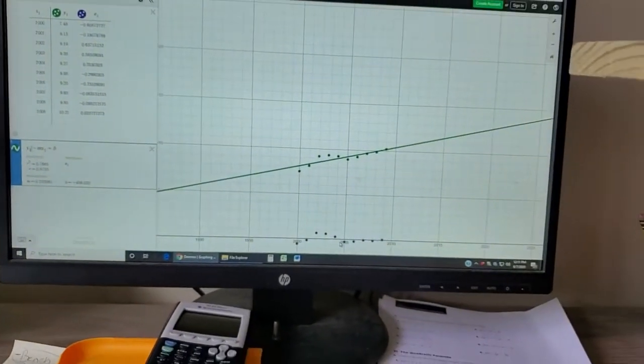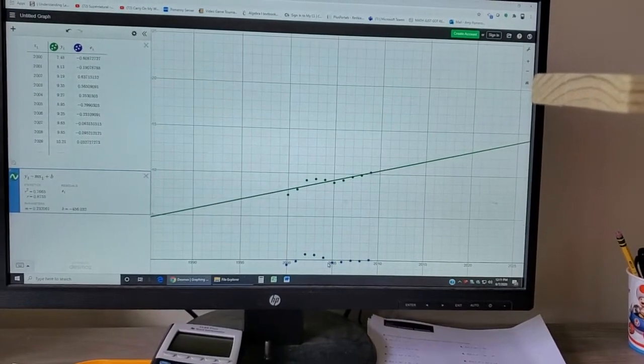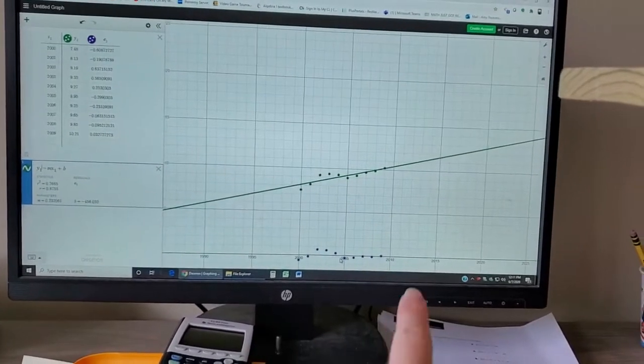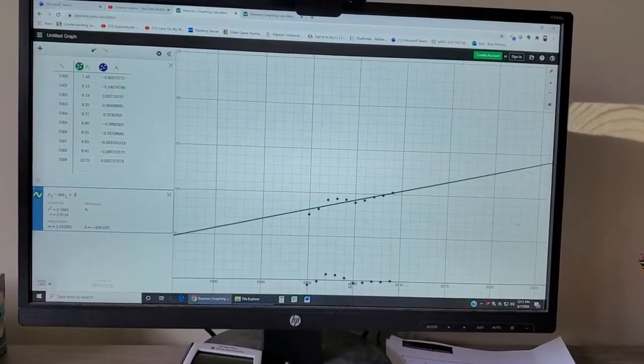So what does that mean? If we look at this overall situation, that best fit line is pretty good, but there are some points that are not perfect. So that's why that correlation coefficient is not 1. And you can see the residuals are not all at 0. So that's how all that data relates.